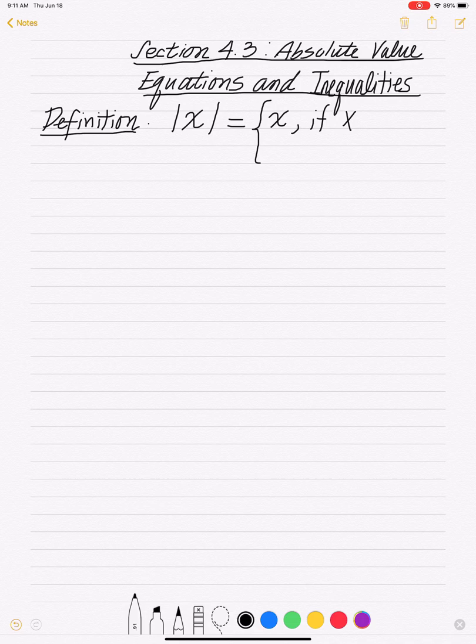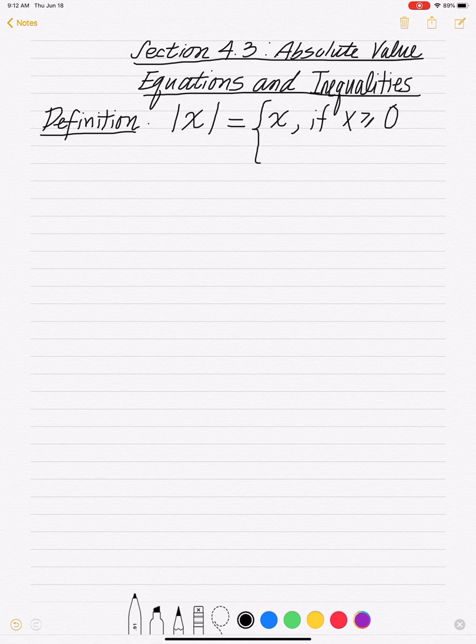In other words, if x is not a negative number, then the absolute value of x is just itself. So if you had, for example, 0, the absolute value of 0 would be 0 itself. Or if you had the number 5, the absolute value of 5 would be 5 itself. So if you have a non-negative number, the absolute value of x is just itself.